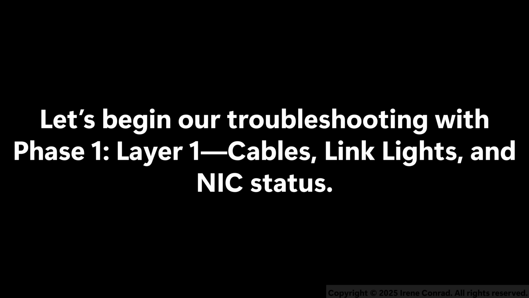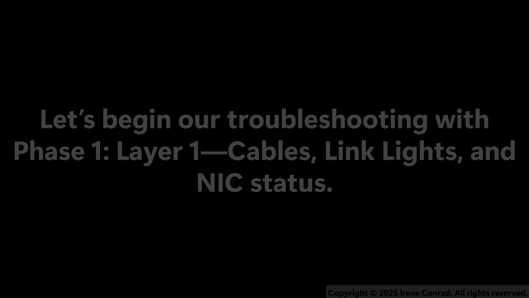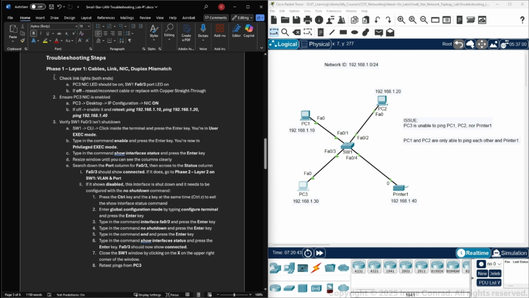Let's begin our troubleshooting with phase 1, checking layer 1, cables, link lights, and NIC status. First, under phase 1, layer 1, cables, link, NIC, and duplex mismatch, we're going to check the link lights on both ends.